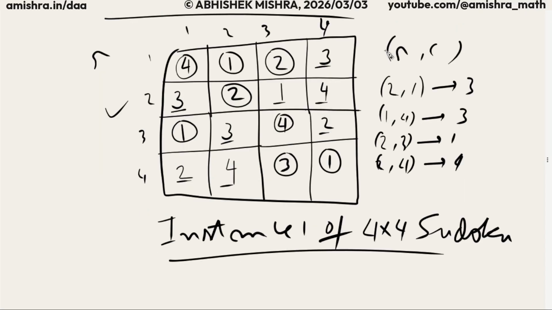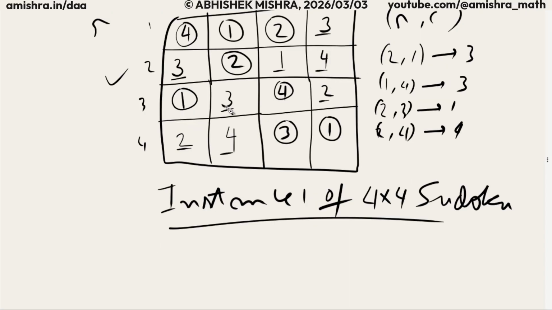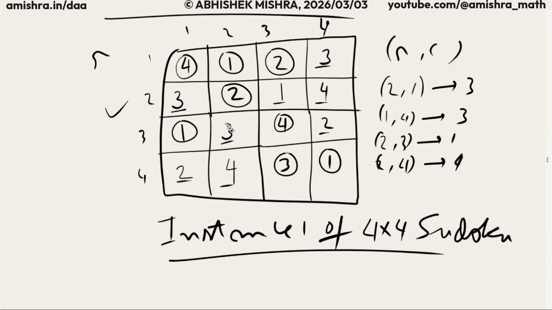Same way we continue, we have 3 third row and second column. Third row and fourth column we have 2.